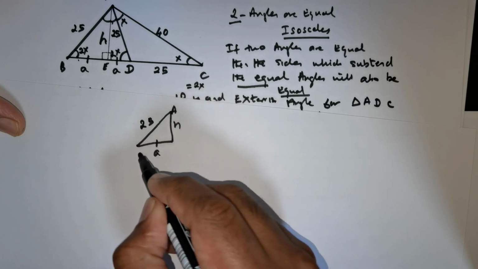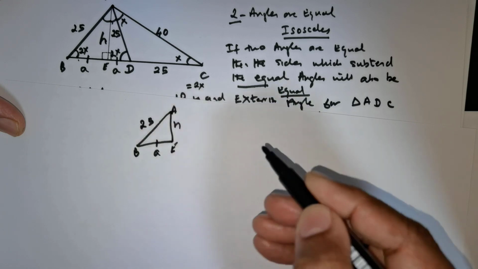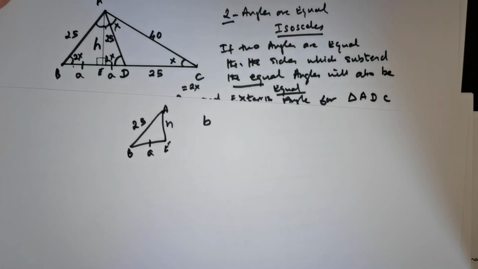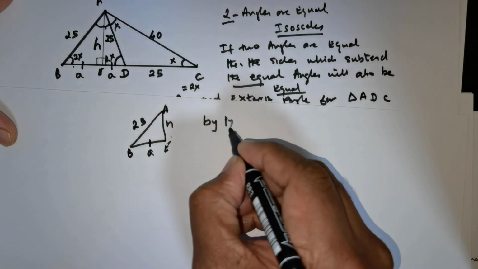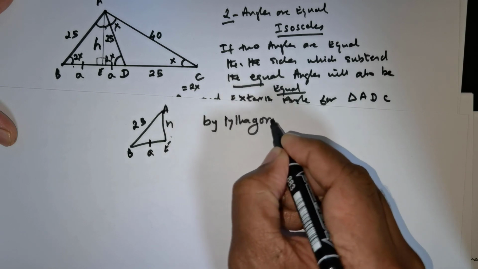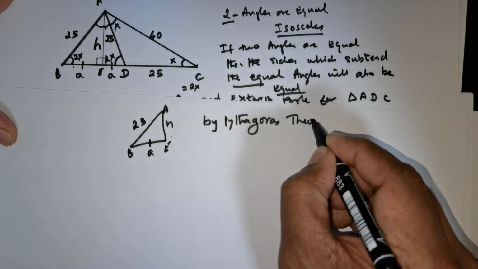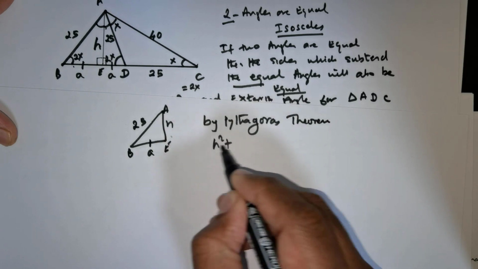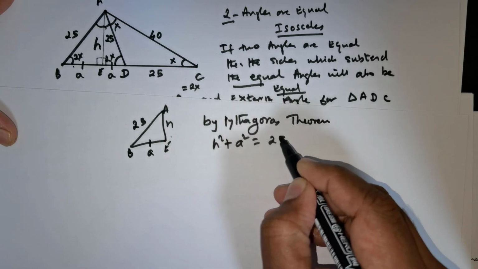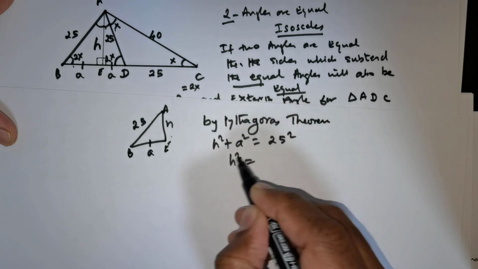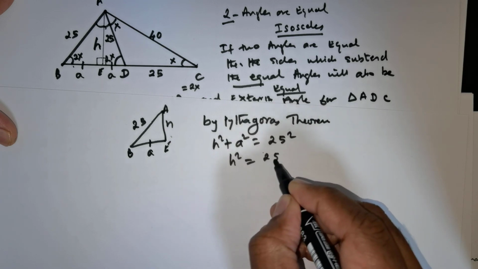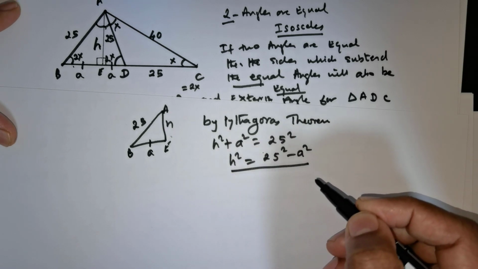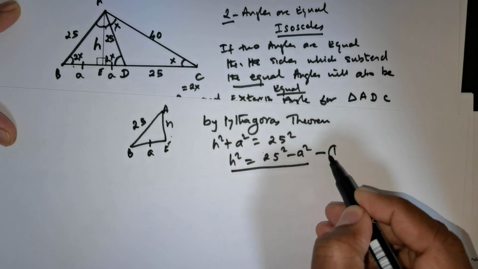So this is triangle ABE. By Pythagoras theorem, what can we state here? H squared plus A squared is equal to 25 squared. I want to extract H, so H squared is equal to 25 squared minus A squared, right? So this is equation 1.